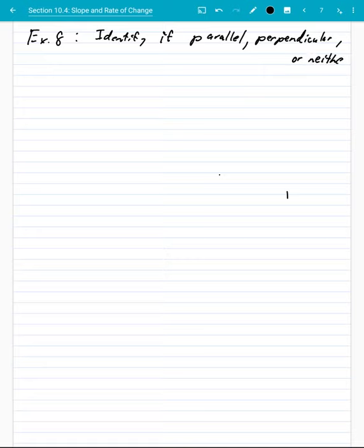Because essentially, if they don't intersect, they're parallel. If they do intersect, well, let's see if they're perpendicular. If they're not perpendicular, then it's simply neither.